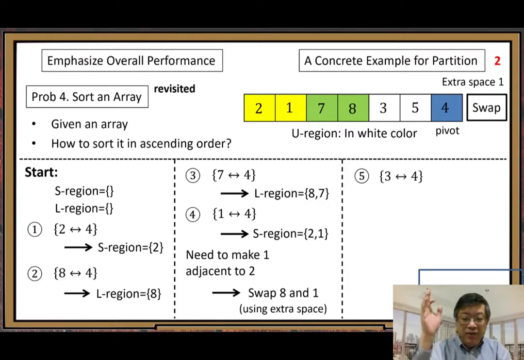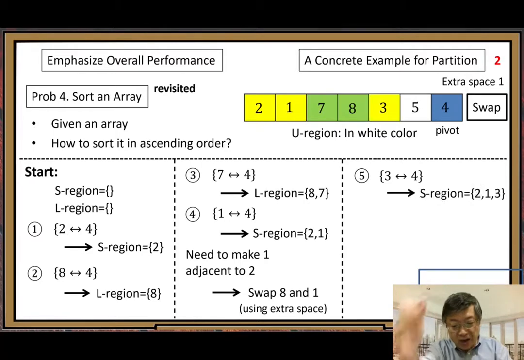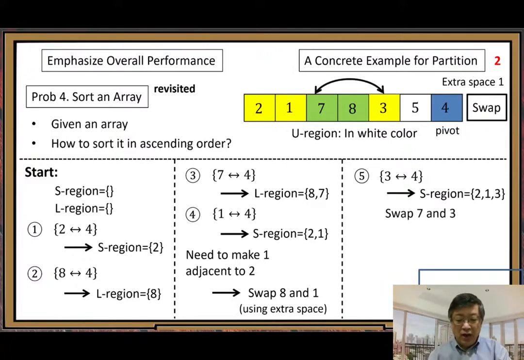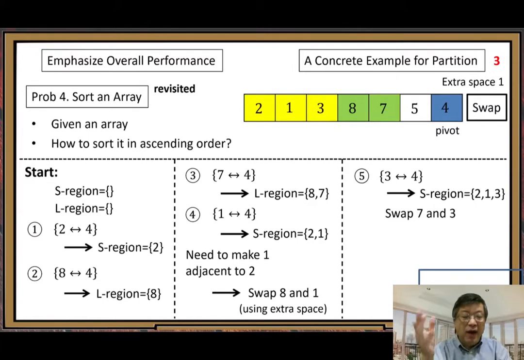Next, element 3, it should go to the S region, but because the position is in the L region, we need another swap operation. Swap element 7 and 3. After that, we will have the current figure.